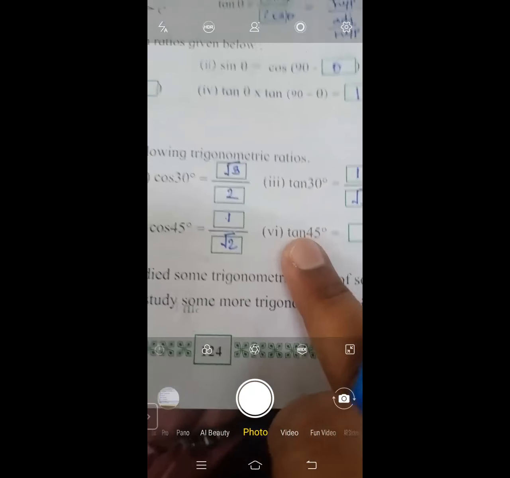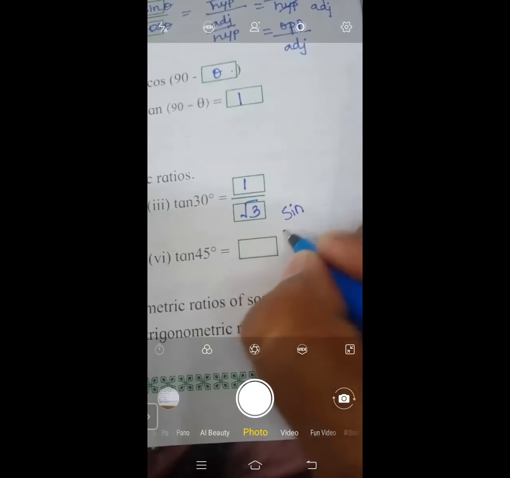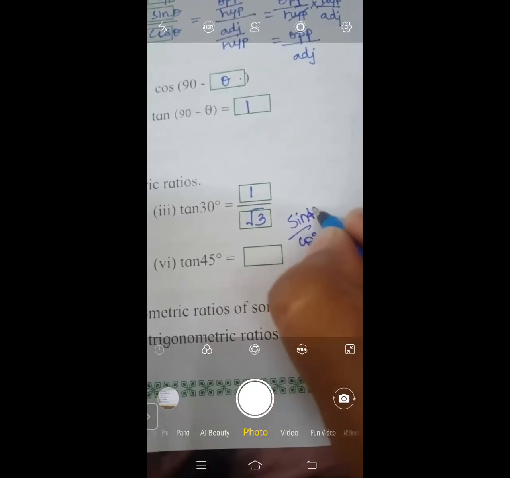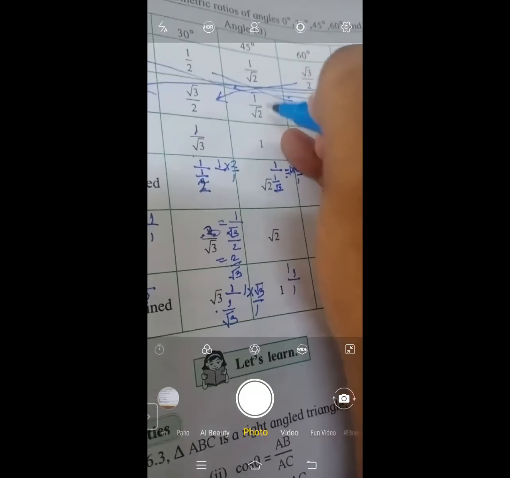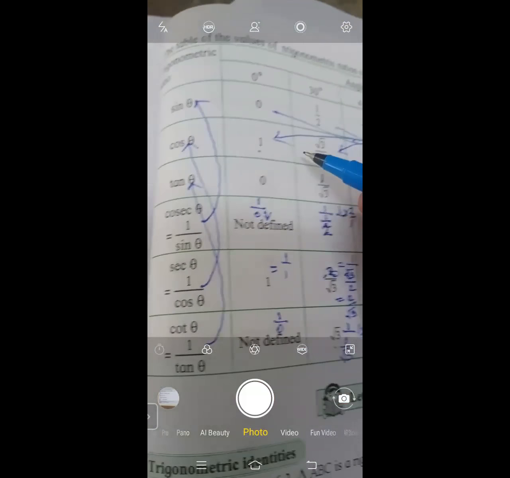Okay, so what is tan? Tan is sin upon cos. Now here the value of the angle is given, so it is sin 45 degrees upon cos 45 degrees. Now what I know is sin 45 is 1 upon root 2 and cos 45 is also 1 upon root 2.